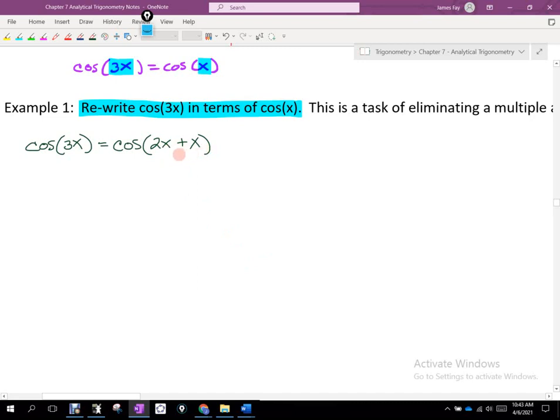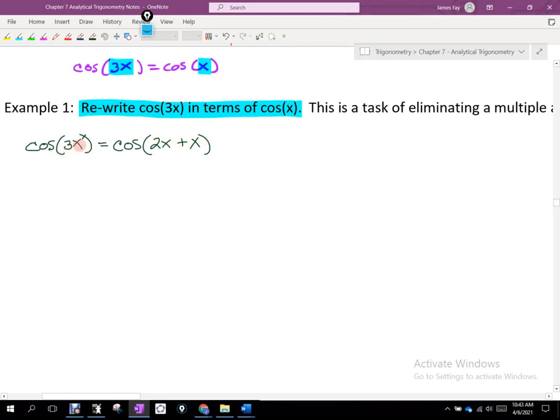I like to break it down into an even value and a singular odd value. So if this was 5x, I'd break this down to 4x plus 1x. Does that make sense? Okay.